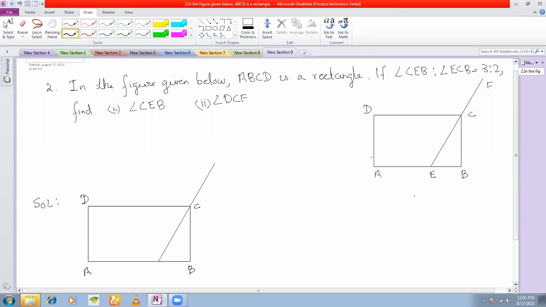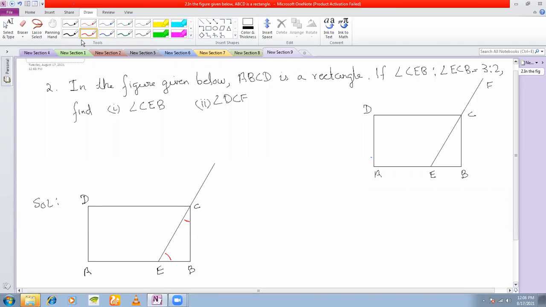This question states that in the figure given below, ABCD is a rectangle. If angle CEB is to angle ECB, which two angles are they talking about? CEB, this is my point E. So CEB is this angle, is to ECB. ECB is this angle. That means the ratio of these two angles is given.